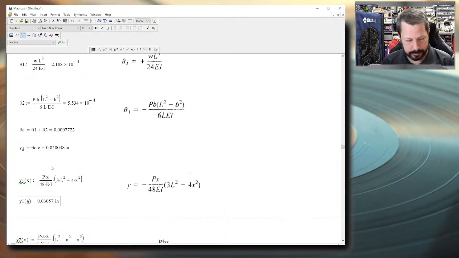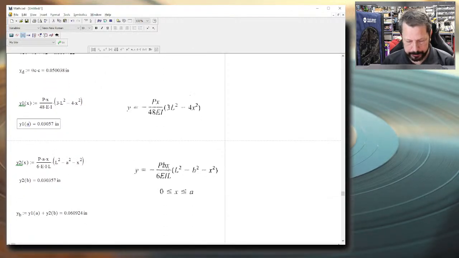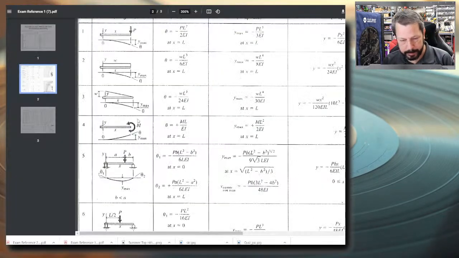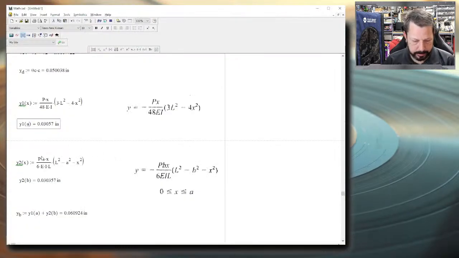Okay, I switched these to A because B in the picture here is the short distance. My setup has A as the short distance. But then when I evaluate the equation, I put a value for B in, which is the long distance, which is where I wanted to solve it.